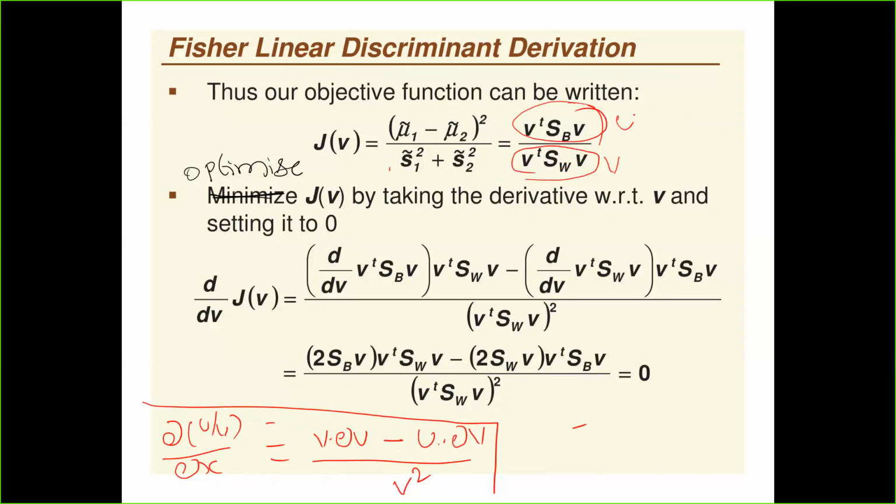I hope you understood, or I will give different names here. Is it okay? Would you understand? So this is v transpose SWV times derivative of v transpose SBV, minus derivative of v transpose SWV times v transpose SBV, divided by this v transpose SWV whole square. Okay, so when you solve this, you will get this.